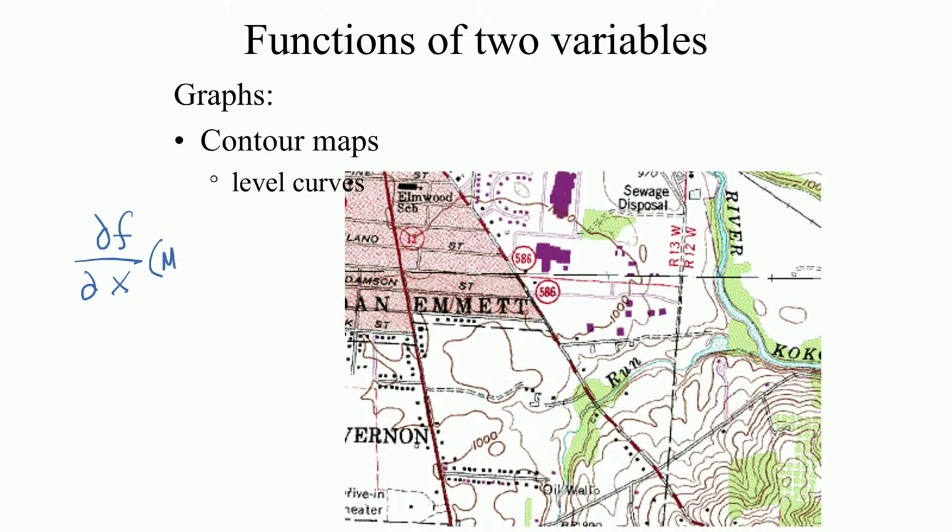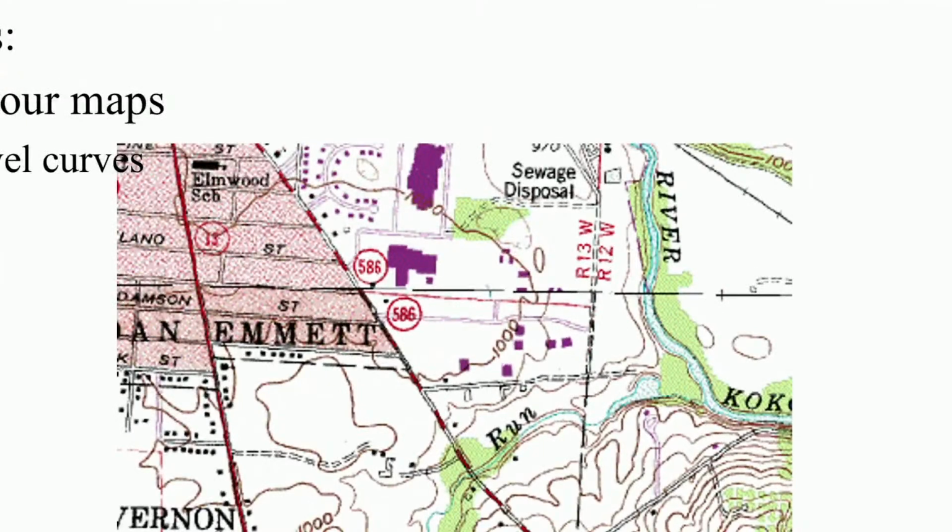So this is at the Moore Center. So let's find the Moore Center on here. I'm going to fudge just a little bit, and I'll put it right there. Okay, that big blue dot is the Moore Center.